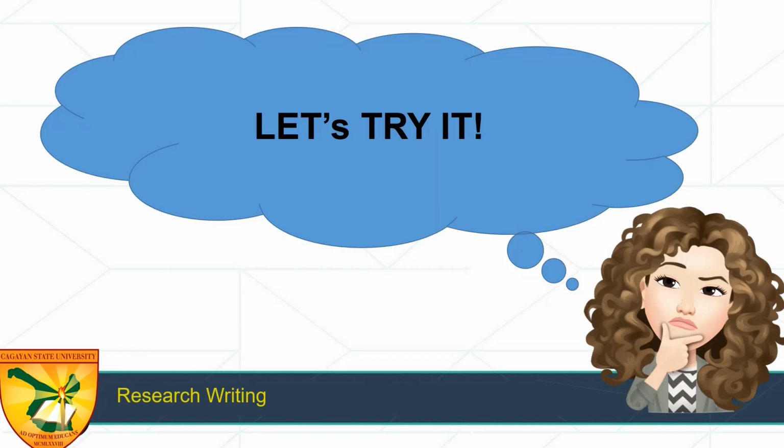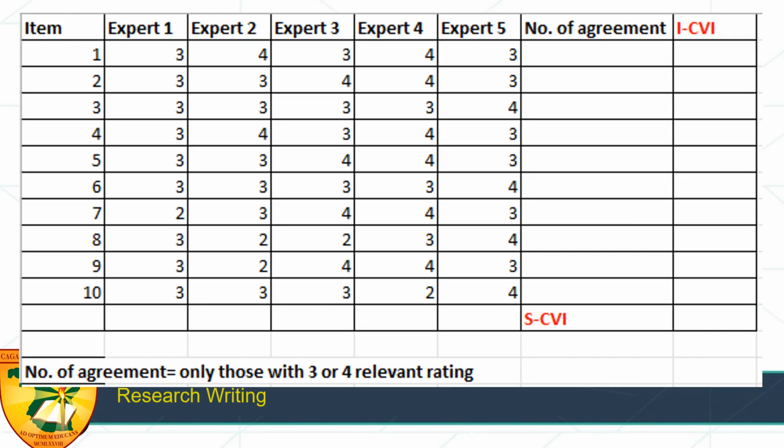Okay, so let's try the computation process. I have here a sample validation. We have 10 items for the tool, and we have 5 content validator experts. We have here already their ratings. Only the ratings for the relevance will be put here.